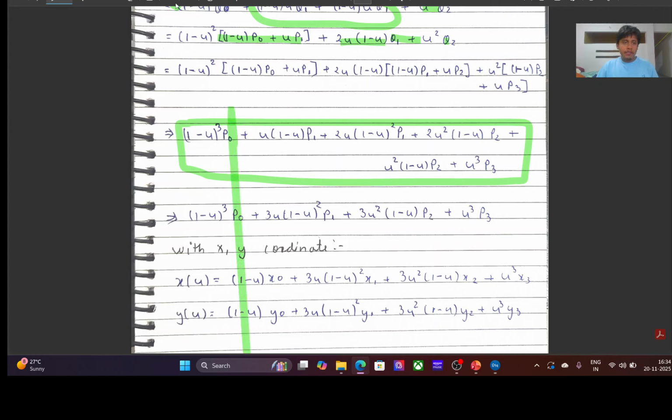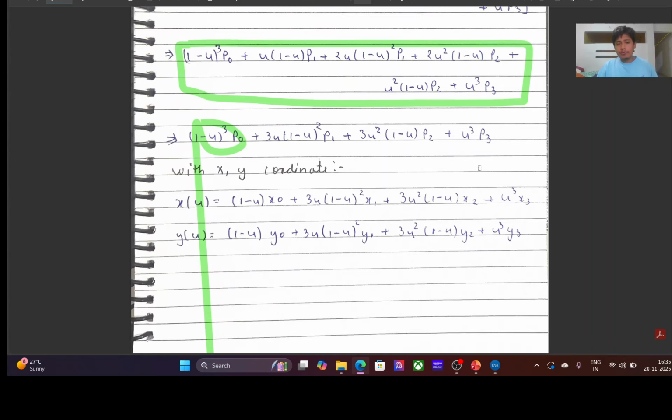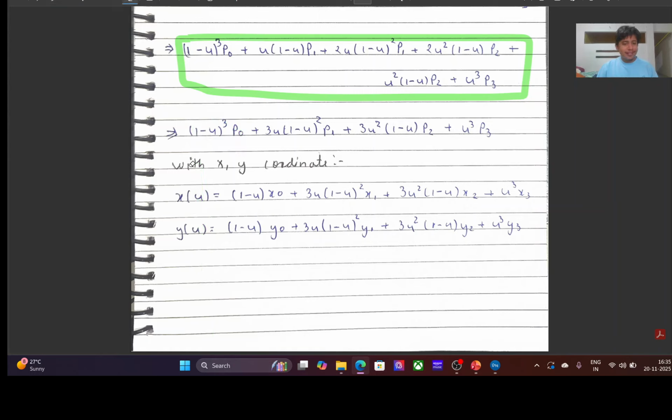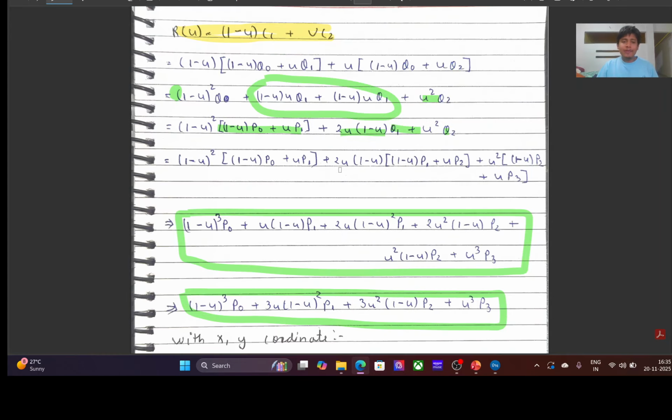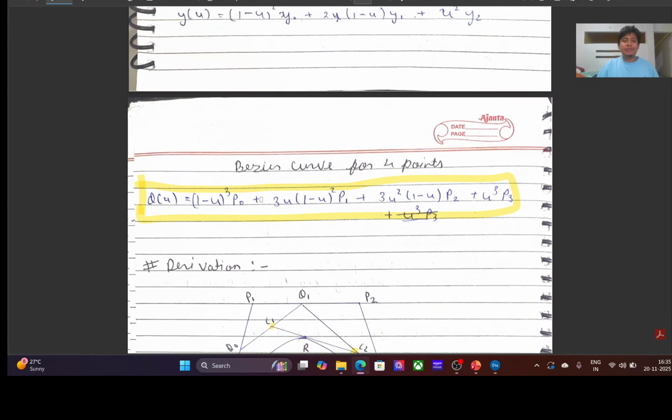We do not have any p0, so we just write normal p0 here. We have two p1, so we added them to make 3u. We have two p2, so we make them 3u squared. We don't have p3 value, so we just did what? Nothing.